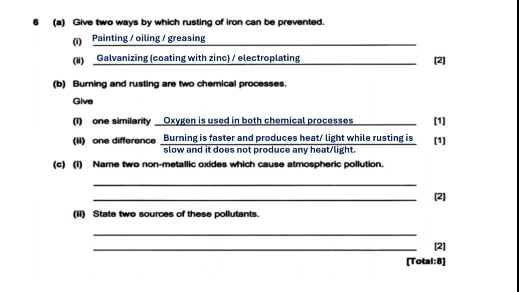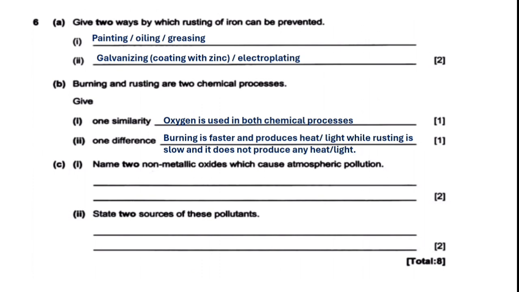Burning is faster and produces heat or light, while rusting is slower and does not produce any heat or light. Alright, so there are 2 differences here. You can say burning is faster while rusting is slower. Burning produces heat, alright, while rusting does not produce heat or light.